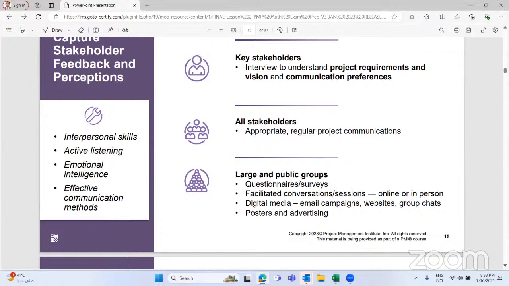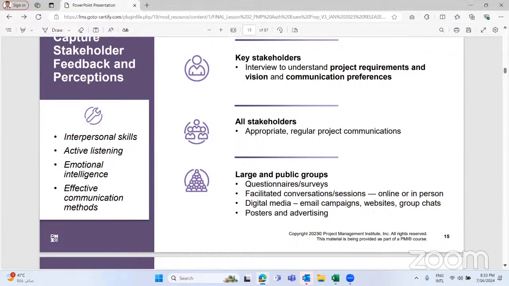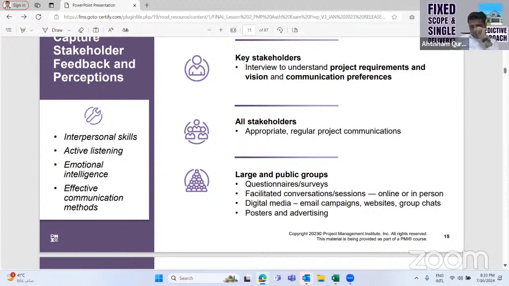Yes. So we'll capture the feedback, and feedback is an important element that actually gives us some areas of improvement, right? Really important.